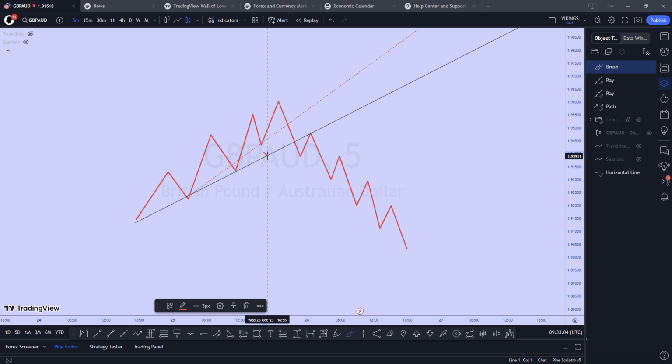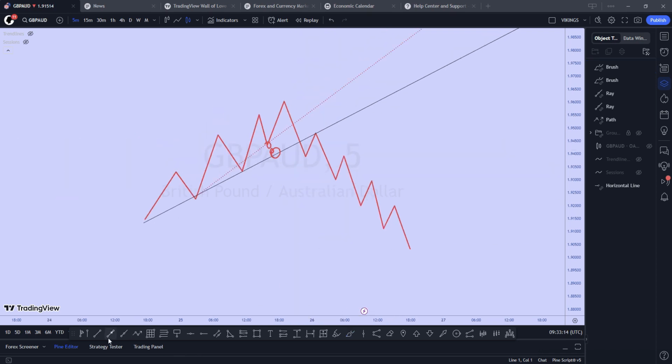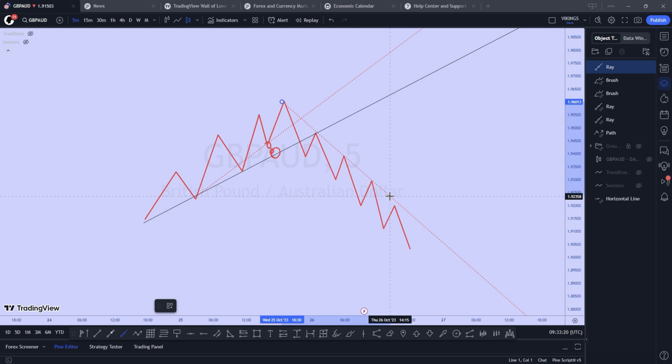See, the market didn't retest this, but it took the sub one before it got broken. Then we came back to the main one. So you should have a main trend line and a sub.